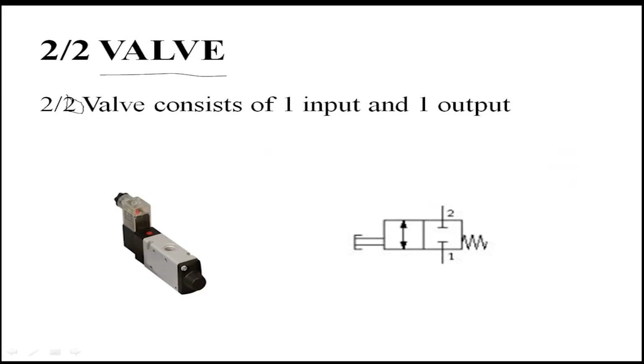This 2 represents the number of terms, that is on and off. So this will be common for all the valves, and the other 2 represents the number of input outputs. So here we have one input and one output. That's why it is 2x2 valve. Here you can see the valve picture. One is always connected as an input and 2 will be as an output. So this is 2x2 valve.